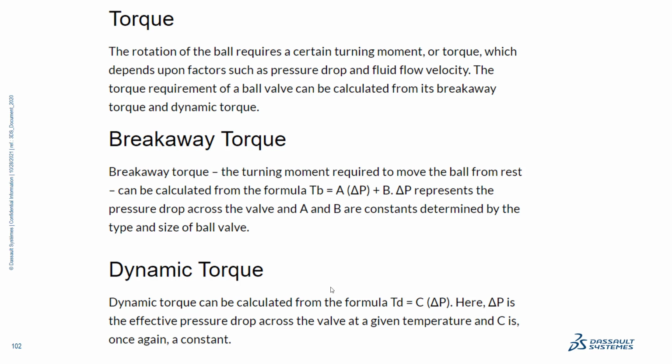And the formula is A into delta P plus B, where delta P is the pressure drop, and A and B are constants. And for dynamic torque, the torque can be calculated from the formula using A into delta P, where delta P is the pressure drop, and C is again a constant.